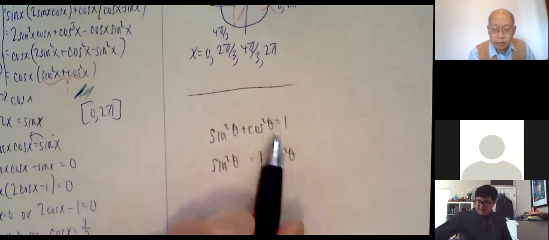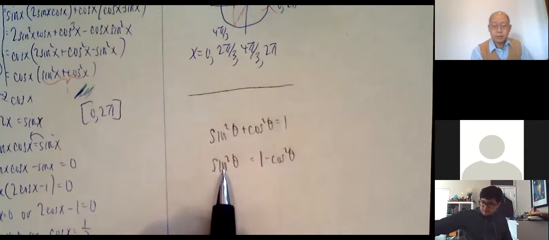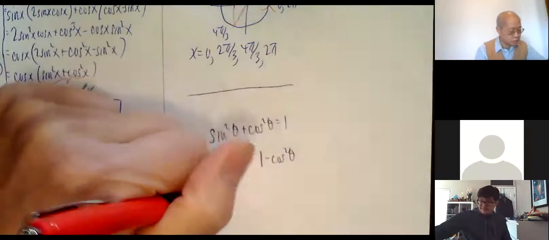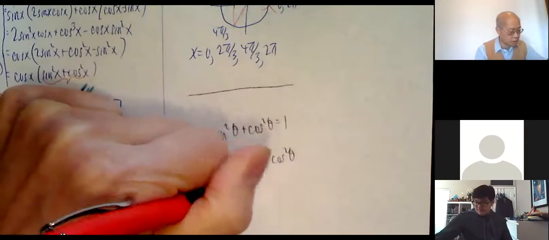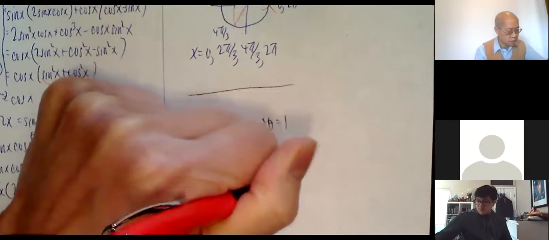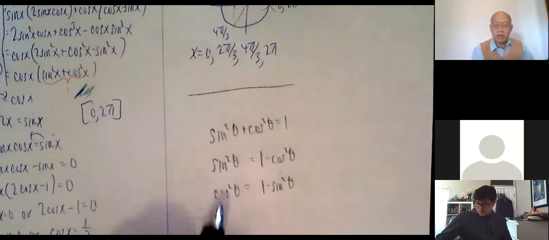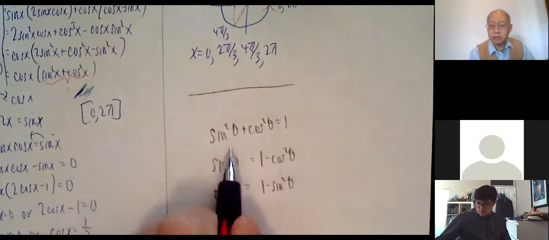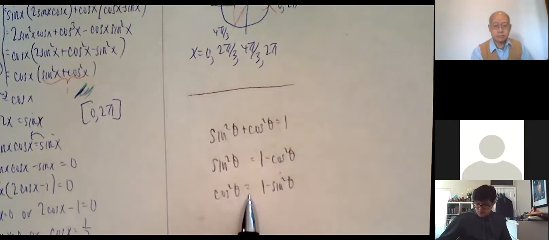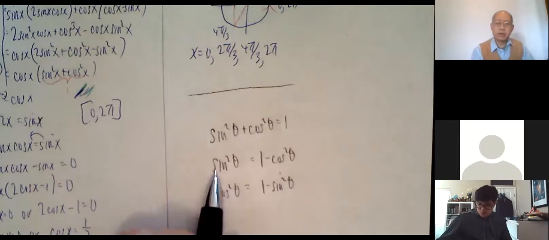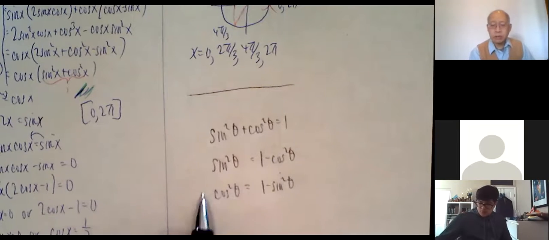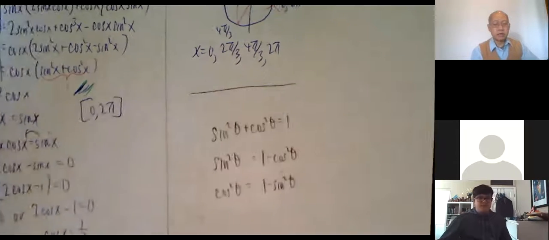Subtract cosine squared on both sides, it looks like this. Okay, and in similar fashion, you can always say cosine squared theta is equal to 1 minus sine squared theta for the same reason. If I subtract sine squared of theta on both sides, then the equation looks like this. Okay, so sine squared equals 1 minus cosine squared, and cosine squared equals 1 minus sine squared of theta.